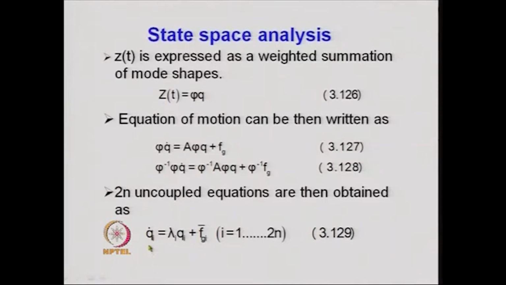Each equation is a first order differential equation, and in this first order differential equation lambda i becomes what is known as the eigenvalues of the matrix A. So, we can write down such equations which will be 2n in number.